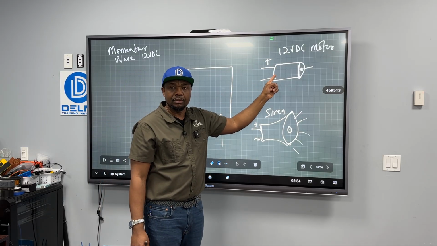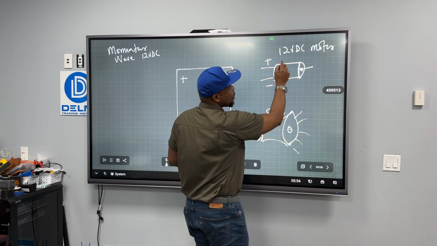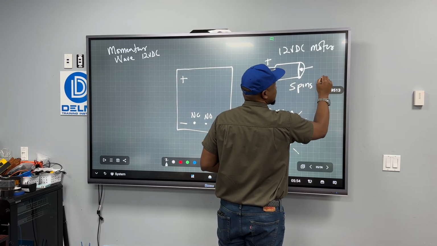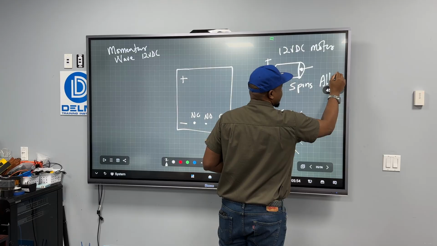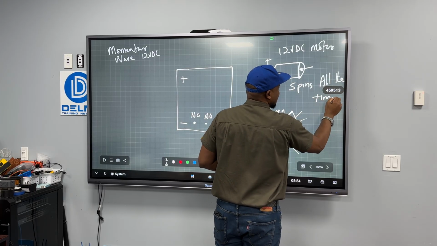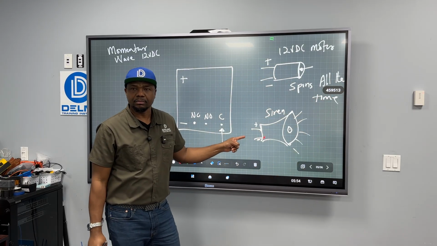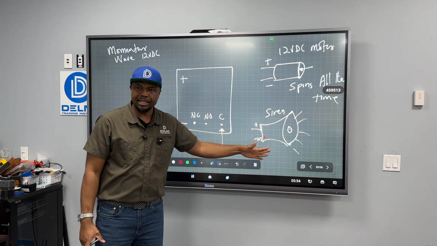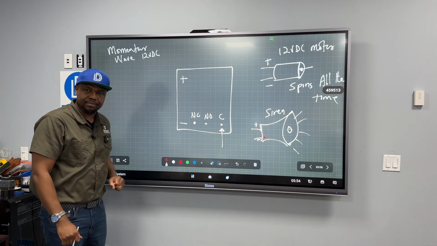You spin all the time. So the motor spins all the time. And what about the siren? I assume the siren is only going to make some noise when I do the wave.